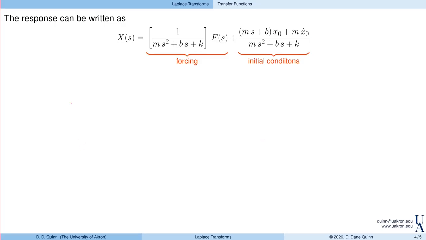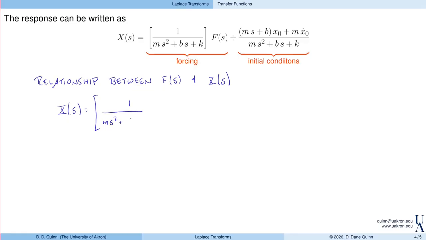In particular, if I look at the relationship between the forcing and the response, x of s, I find that x of s is simply this piece in square brackets, so it's 1 divided by m s squared plus b times s plus k, times f of s.